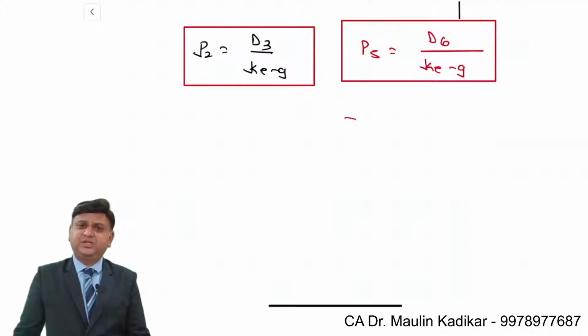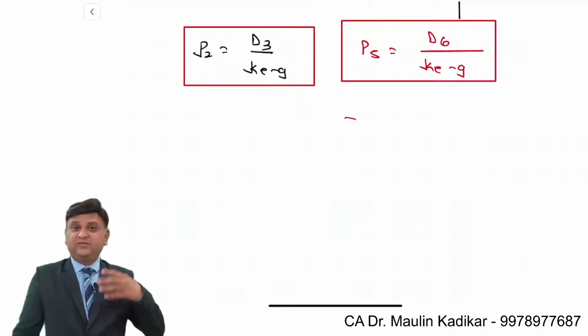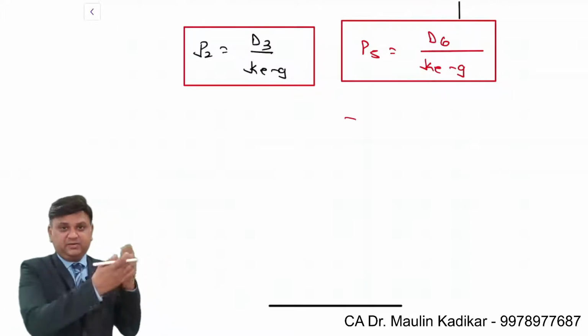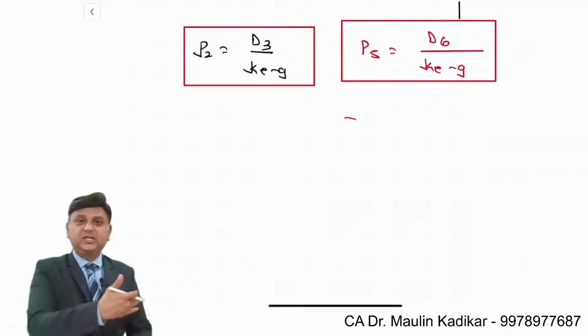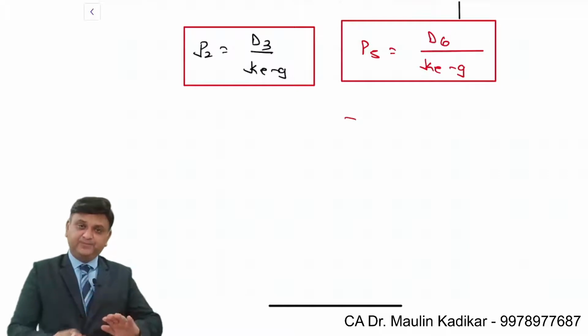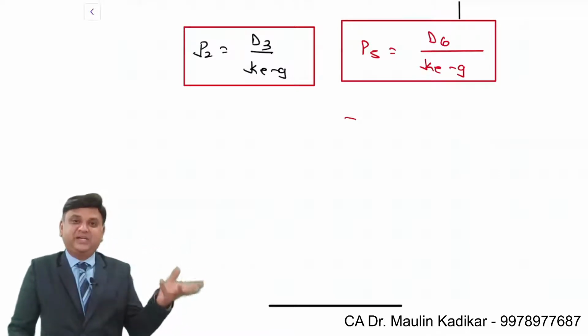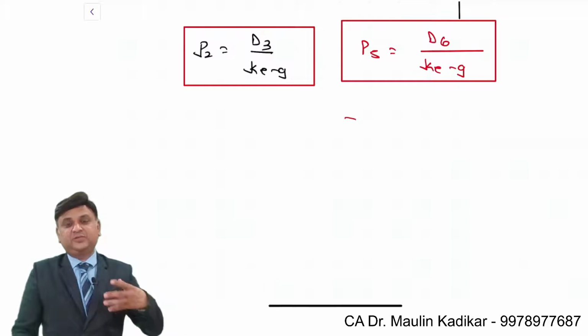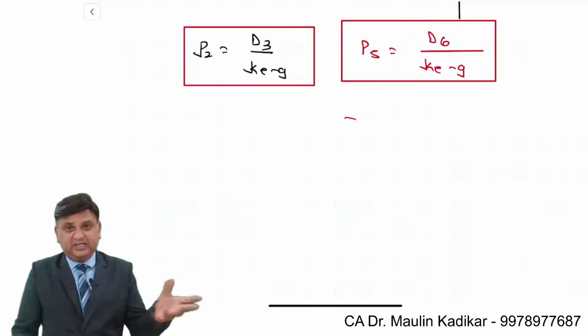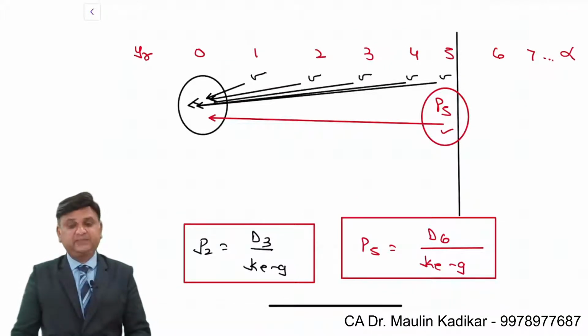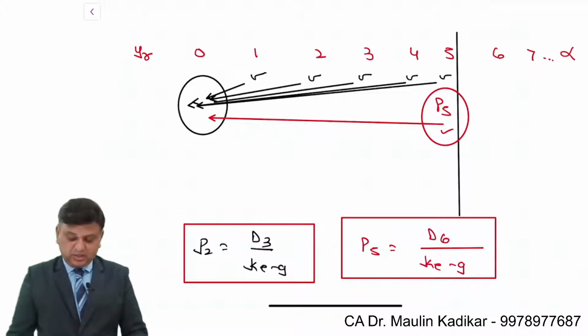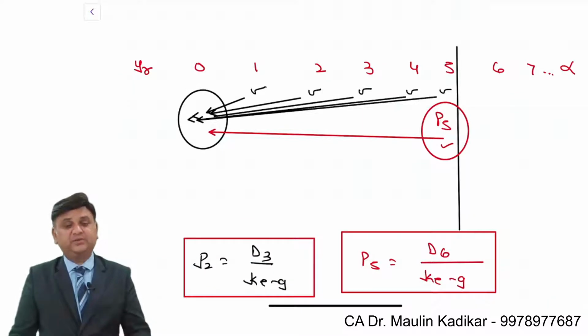What price will you fetch? Whatever dividend that the prospective investor, the person to whom I am going to sell the security, is going to receive, that is his prospective cash flow. So the discounted value of the prospective cash flows at the end of the 5th year will be the price at the end of the 5th year. Of course, that will also be discounted in present value term to compute P0. This is the process that we are going to have.